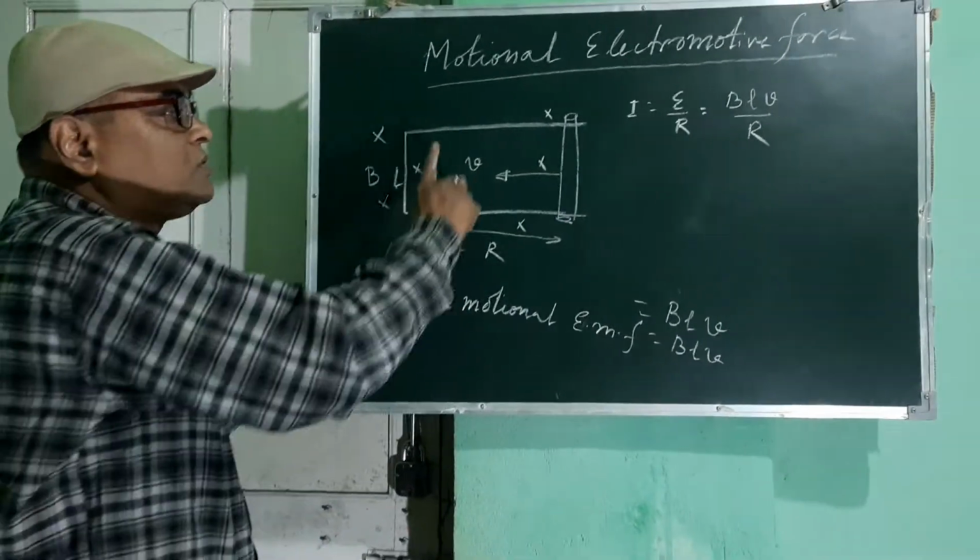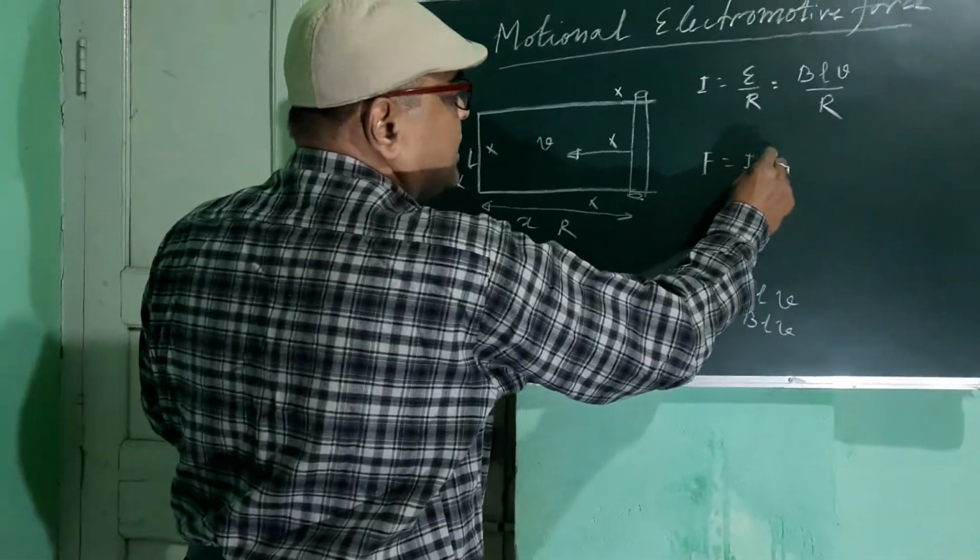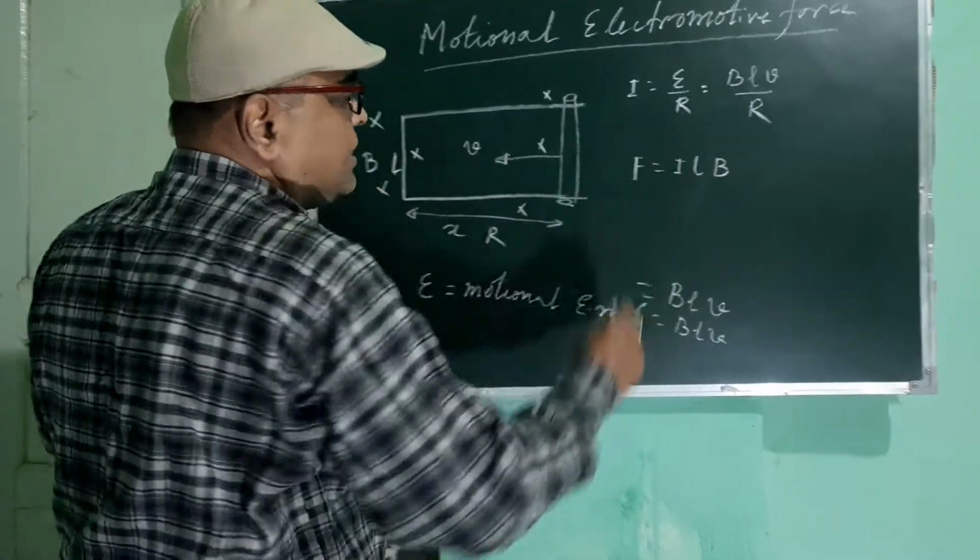Now the force on the conductor, F is equal to ILB.